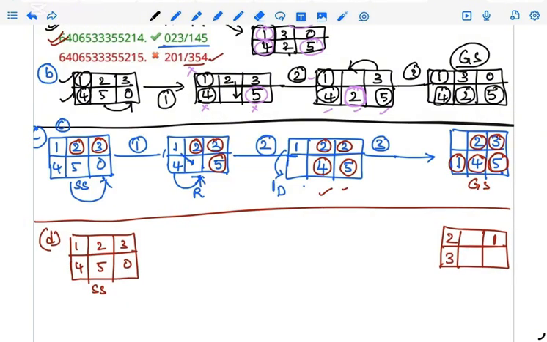This is the goal state. 5 is in the correct place in both. The rest all are in the wrong position. So move 5 here, or move 3 down, only two options, move 3 down or 5 here.